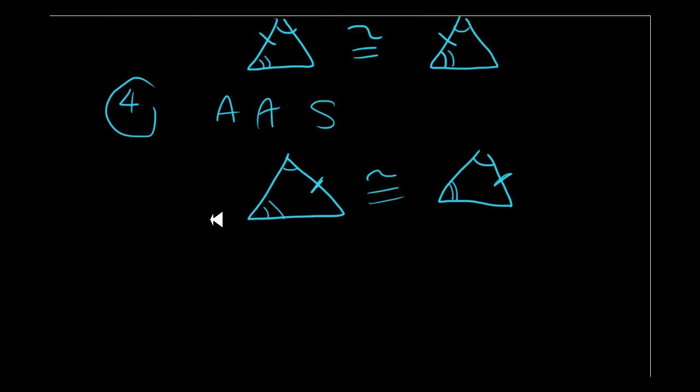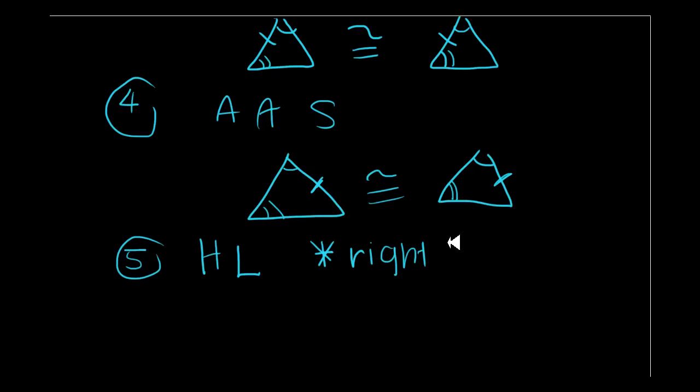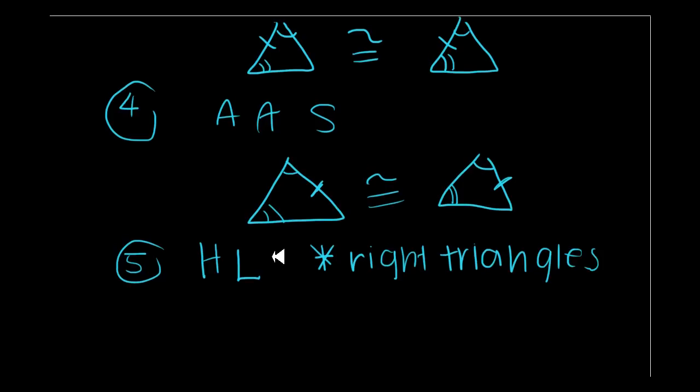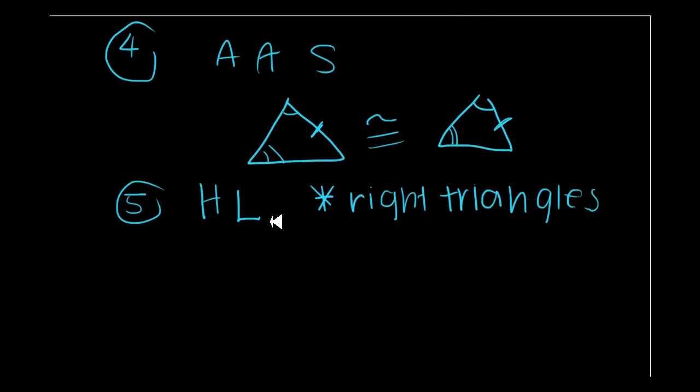The fifth theorem is called HL. Okay, remember this. HL only works with right triangles. So right triangles are triangles with a 90-degree angle. Okay, so HL, let's say we have two right triangles.